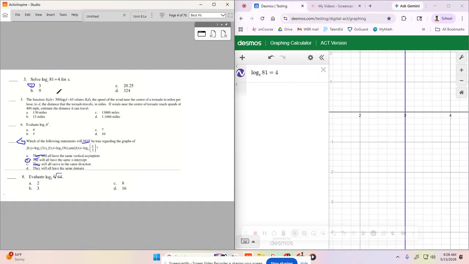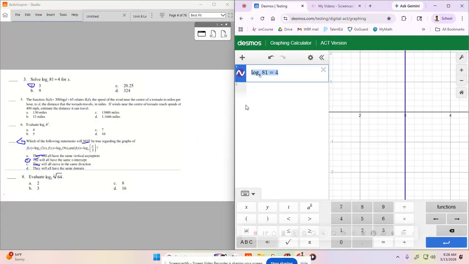The function s of d equals 300 log d plus 65 relates s to d, the speed of wind near the center of a tornado in miles per hour. Let me just type that in. S of d equals 300 log subscript by the shift minus d.